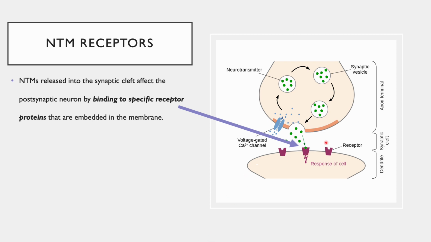So for example, these receptors shown in this burgundy color can have a specific ligand or neurotransmitter that binds to it that induces conformational change. This conformational change simply changes the shape of the receptor and allows its gates to open.